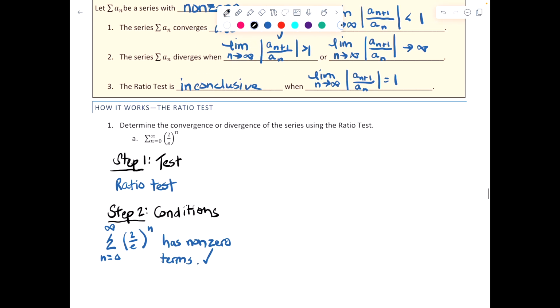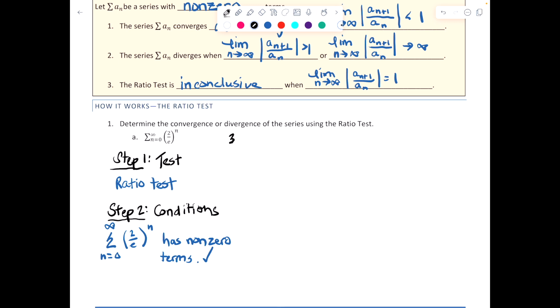And third, we will run the test. So we will have the limit as n approaches infinity of the absolute value of, now these can get a little bit ugly to write, so I'm going to write them like this. 2 over e to the n plus first term divided by 2 over e to the nth term.